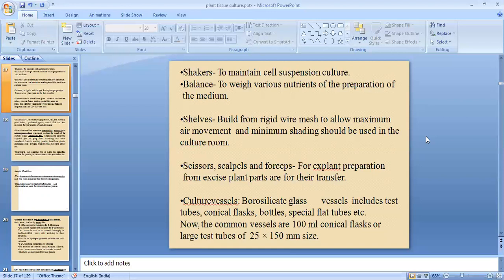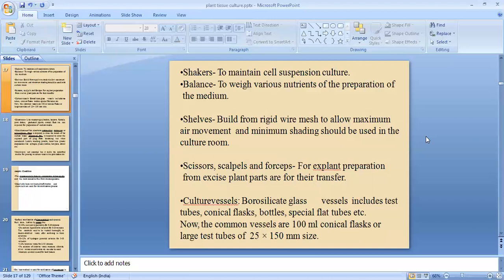And a balance to weigh the various chemicals used to prepare the nutrient medium, and proper shelves to store all the things, and smaller surgical instruments like scissors, scalpels, and forceps for explant preparation and their sterilization, and culture vessels usually made of borosilicate glass, which includes test tubes, conical flasks, bottles, special flat tubes, etc. And all these glassware should be of specific dimensions.